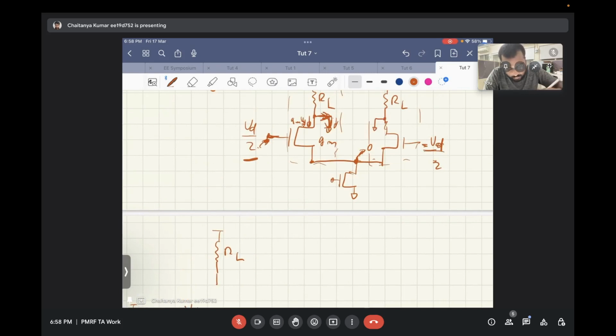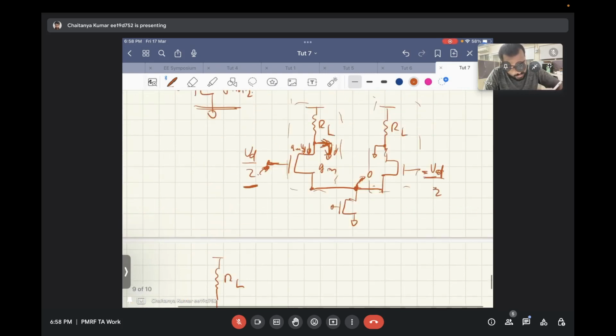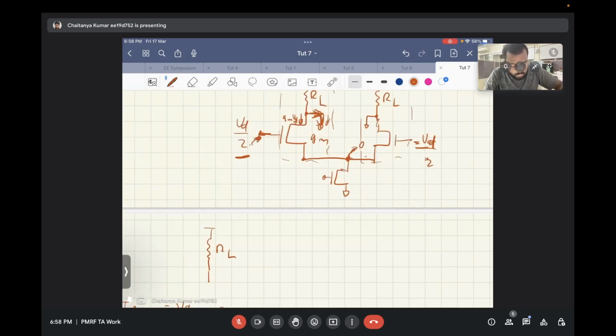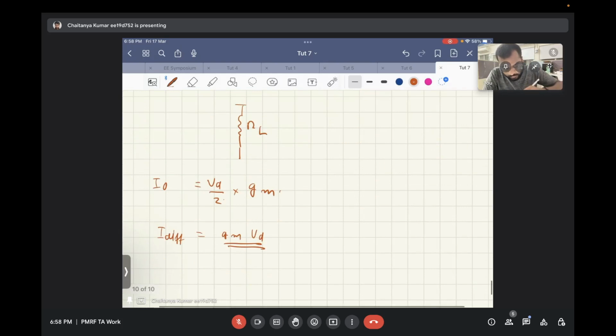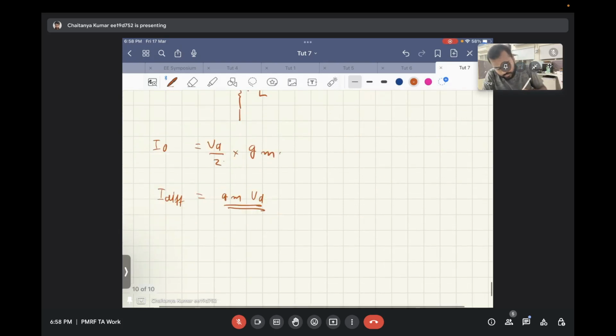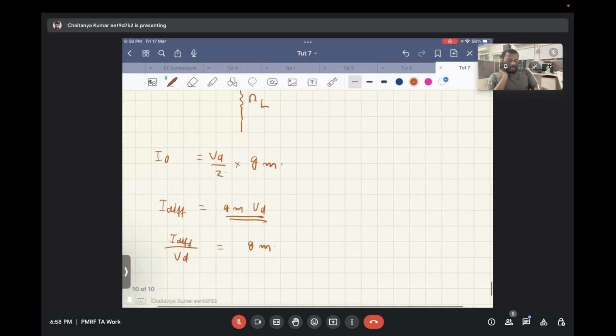Similarly, in the other half, since it's minus VD by 2, this current will be minus GM times VD by 2. And their subtraction will give us overall differential output current. So IDIF will be equal to GM times VD. So the gain IDIF upon VD comes out to be GM.